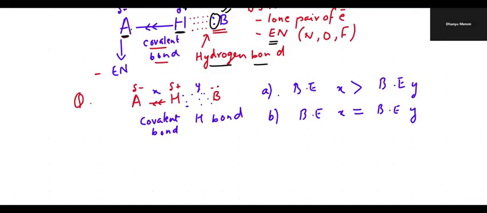Option C: bond energy of covalent bond is less than that of hydrogen bond. Now, we already know that bond energy of covalent bond is greater than that of hydrogen bond. This is true, right? The third condition is totally false because covalent bond is always stronger than hydrogen bond.